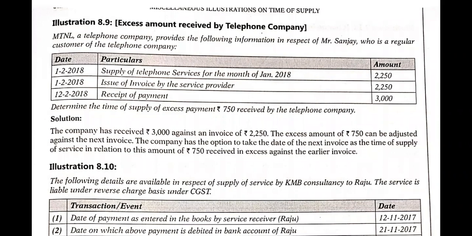The company has received 3000 as against the invoice of 2250. The excess amount of 750 can be adjusted against the next invoice, right? In the next bill, whatever MTNL is going to charge Mr. Sanjay, that amount has to be adjusted.